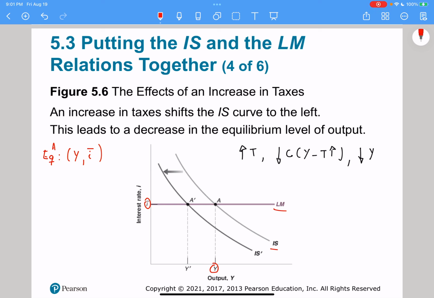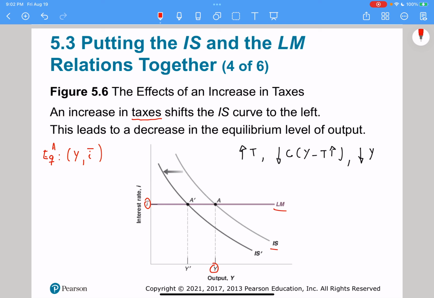And then you have, in this case, an increase in taxes. As you remember, consumption is a function of disposable income. As the taxes go up, you have less money to use. Therefore, your consumption is going to fall. When consumption is reduced, the output is reduced as well.